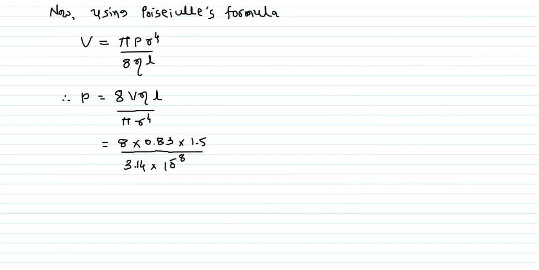So you can say it is 10 raised to minus 8 into V, which is 4 upon 1.3 into 10 raised to minus 6. So when you solve this, your answer is 9.8 into 10 raised to 2 Pascal, right? So here once again this equation is accepted without proof.